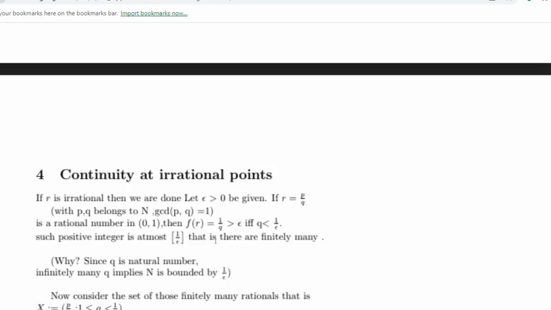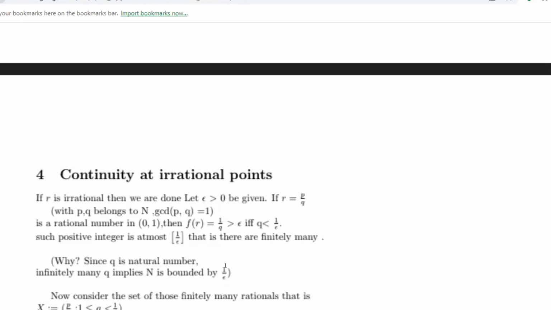We know that there are only finitely many such q. Why? Because if there are infinitely many q, then since q is a natural number, and there are infinitely many q less than 1 by epsilon, that would imply that 1 by epsilon is an upper bound of the natural numbers.